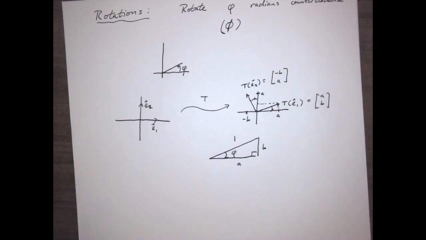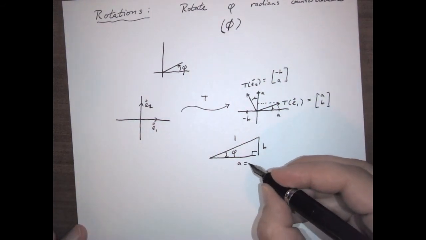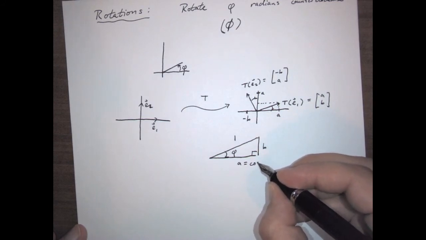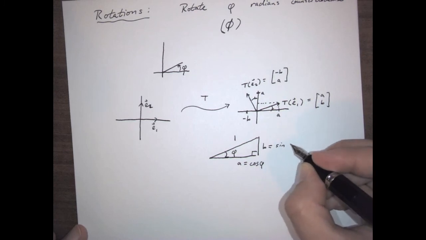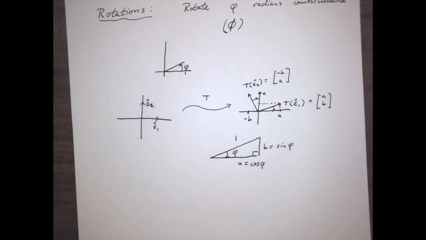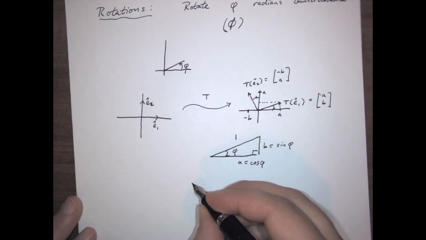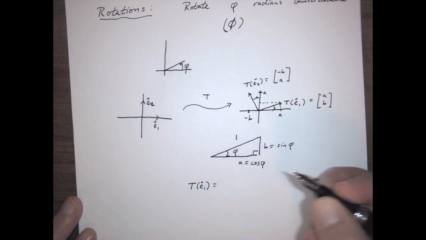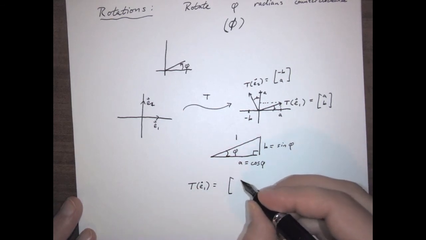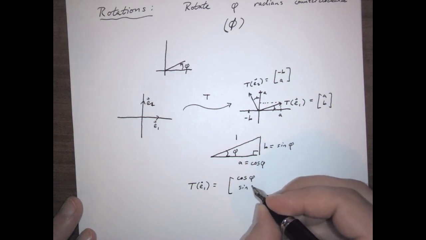And then when we look at this, this is actually a classic trigonometry situation where this represents the cosine of phi, and this represents the sine of phi. So then, what that means is that T of E1 will equal cosine phi, sine phi.